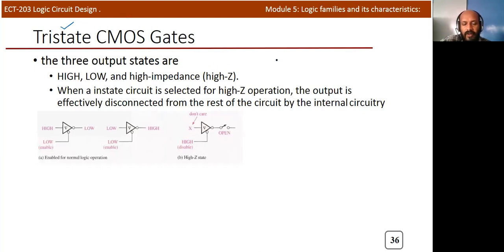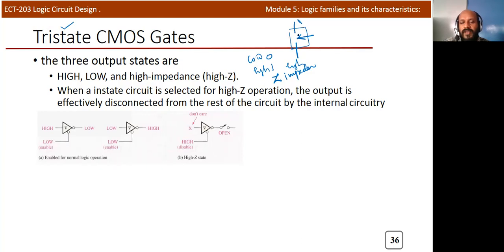Usually for any particular IC, the output will be either low or high. In a tri-state CMOS gate, there is one more state known as the high impedance state, usually indicated as Z. For such a configuration, we use extra hardware to make the connection. I can simply draw it. It is equivalent to a two-way connected switch.